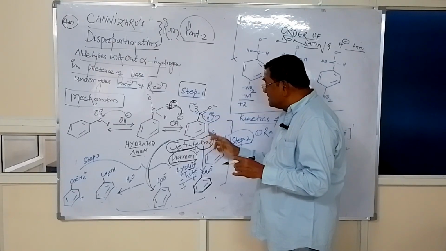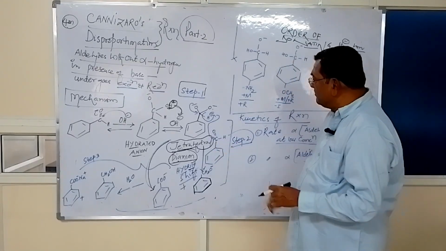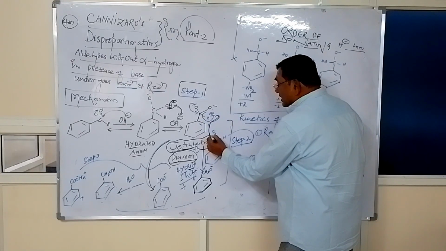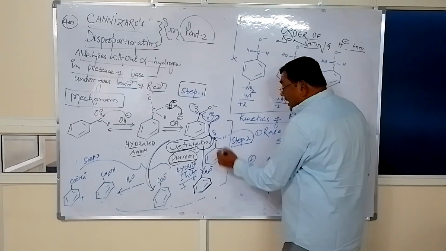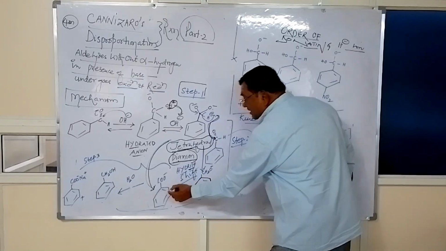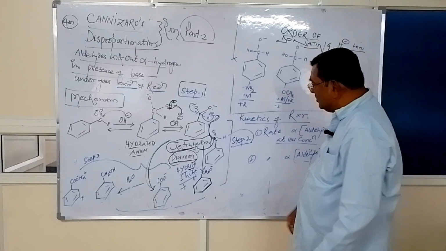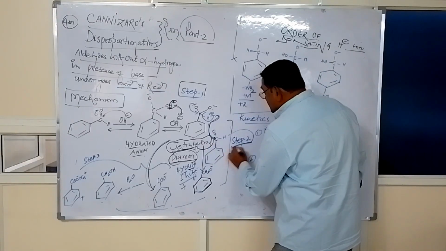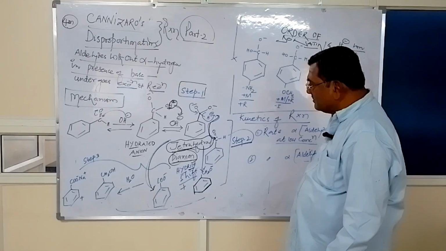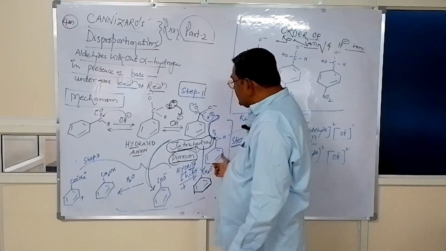That hydride ion shift is also activated by base, and it's going to shift the hydride. Now it's going to give us the alkoxide or benzyl alkoxide, and also you are getting the carboxylate, benzoate anion, after hydride shift. This is called step 2. This is the RDS, rate determining step. At this level, children, these two formations are step 2.